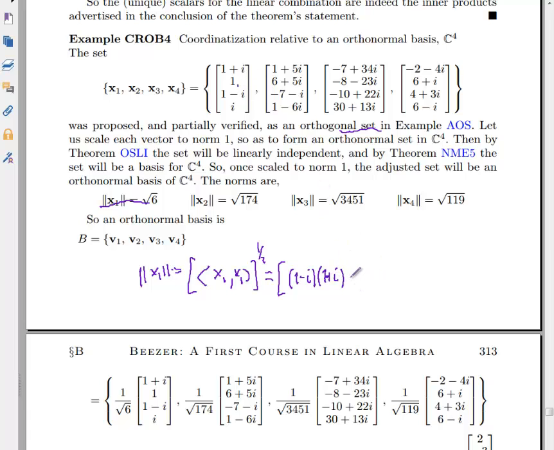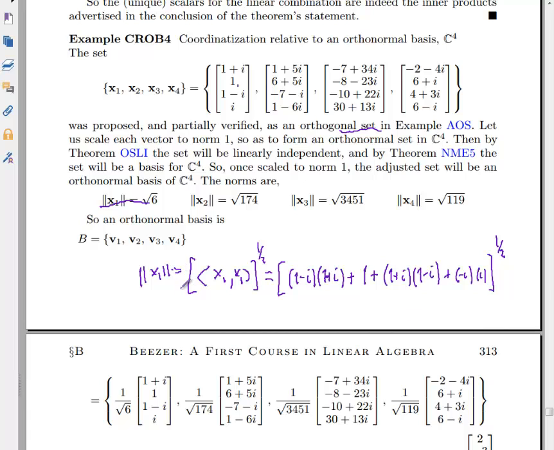And then here I'm going to take plus 1 times its complex conjugate, which is just 1, plus the complex conjugate of 1 minus i, which is 1 plus i, times 1 minus i. And then plus, I'm going to have the complex conjugate of i, which is minus i, times i. And I take this to the 1/2.